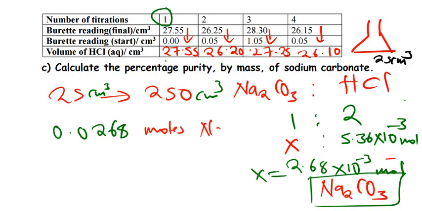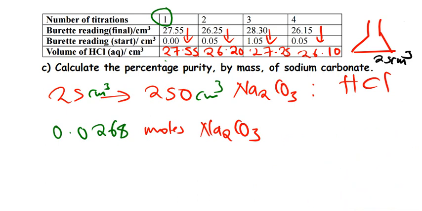So we've determined the number of moles of sodium carbonate in the 250 cubic centimeters by using titration. Okay. Now after this point, you should be able to find the mass, right? You just now need to look at the sodium carbonate and determine the molar mass so that you find the actual mass of pure sodium carbonate so that we're able to determine the purity.